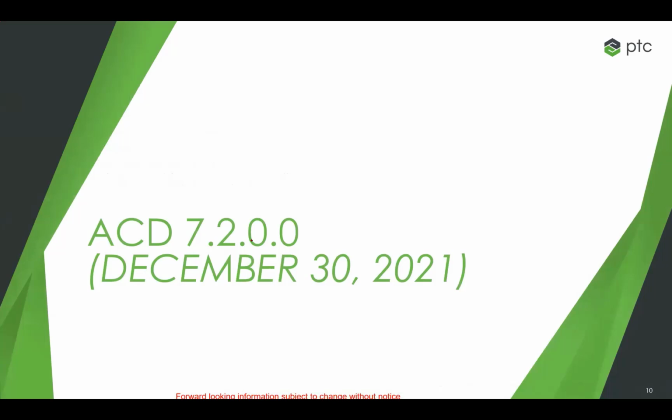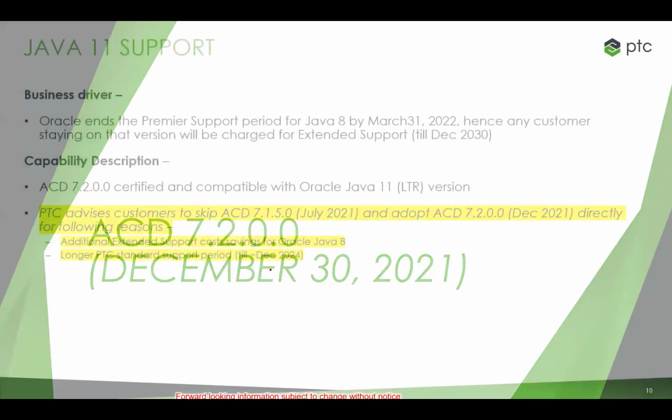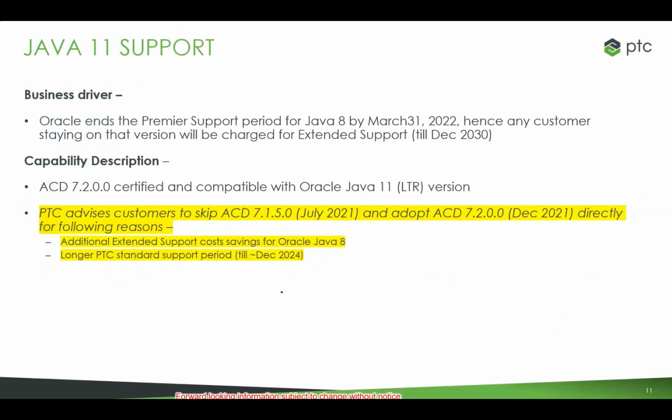The next coming release after that will be 7.2, as Patty mentioned, and its projected RTM or release to market date is currently end of December this year. And this version will contain a couple of important features.